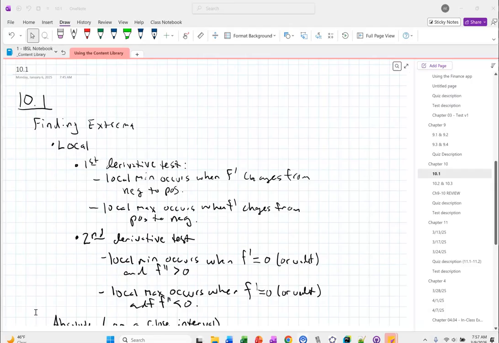That would be concave up, which makes sense. Concave up looks like this, so that would be a minimum. Or I have a local maximum if the first derivative is 0 and the second derivative is negative, which is concave down. Concave down looks like this, which looks like a maximum.